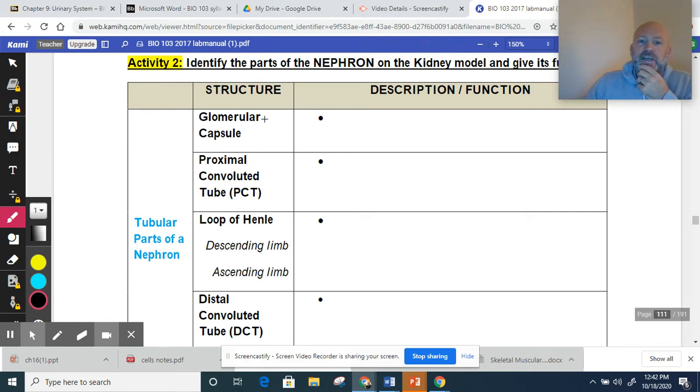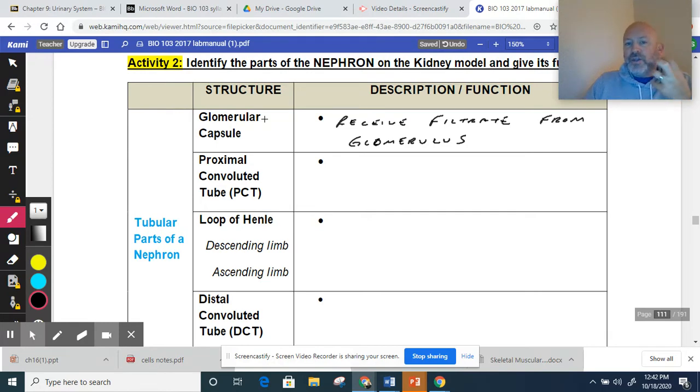So the glomerular capsule is going to receive the filtrate from that knotted group of blood vessels called the glomerulus. It's in the proximal convoluted tubules that the blood is going to be taking good things back.